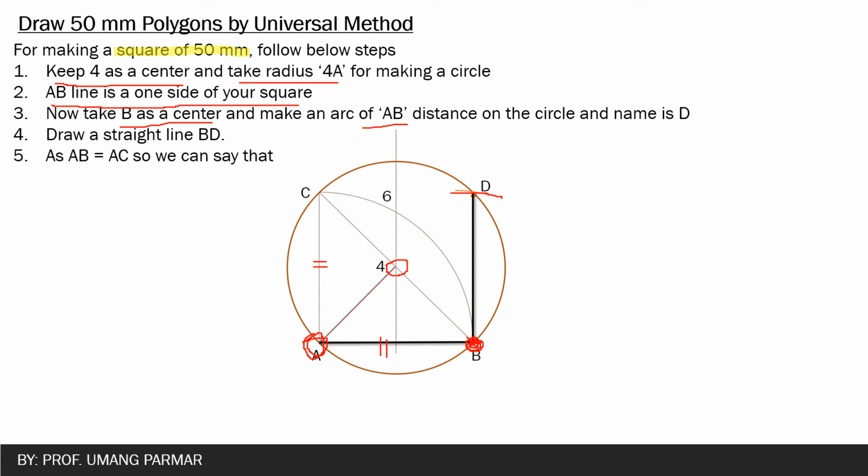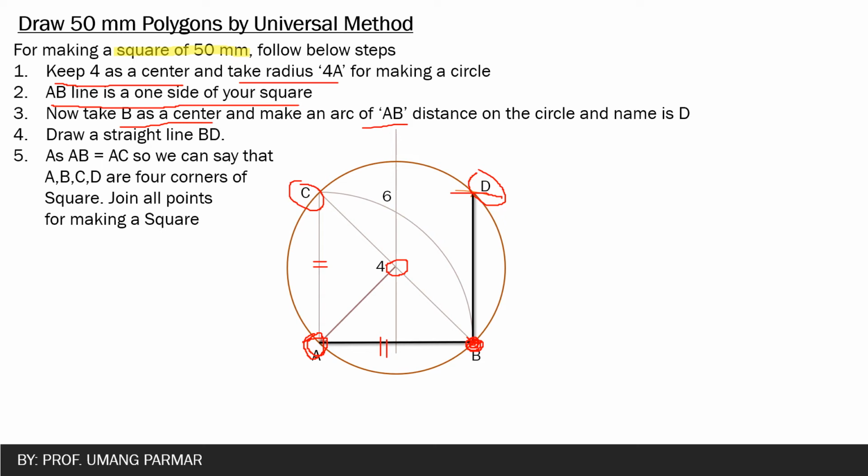So AB equals AC, and AB also equals BD. So we have four different points: point number A, point number B, point number C, and point number D. And when we join these four sides, we will have this square.